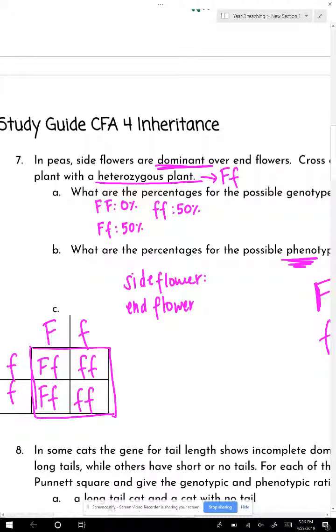So if I look here, I have this one and this one, and then that will be a side flower, so that'll be 50%. And then I look over here and I have little f's. So if I have two little f's together, it has no choice but to show that end flower trait. So then that one will also be 50%.